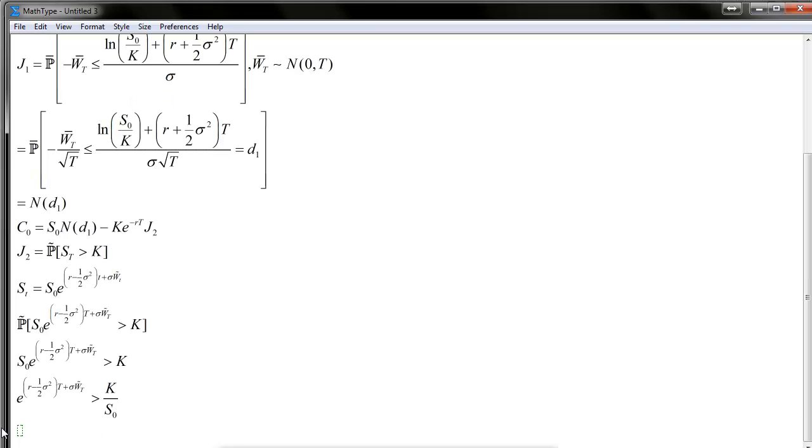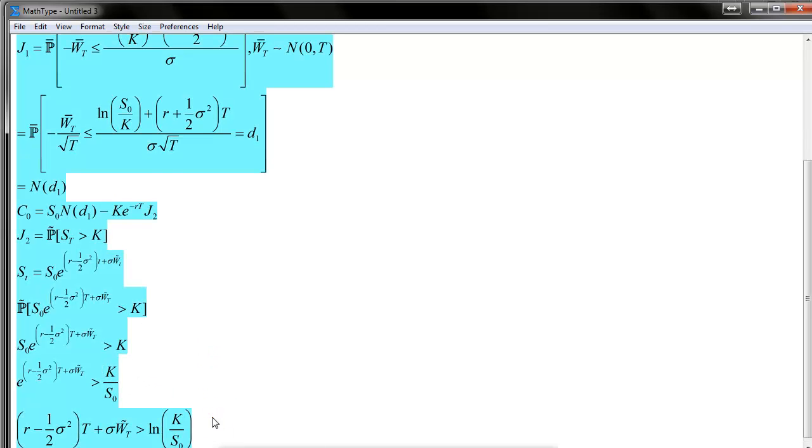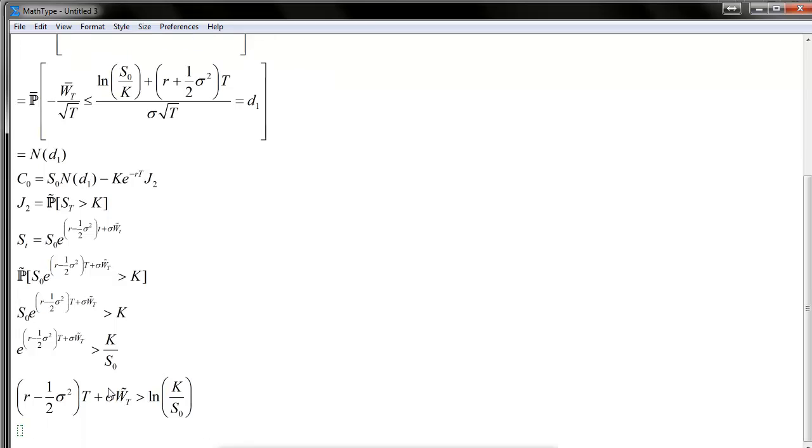I take the natural logarithm, so on the left hand side I only have this greater than the logarithm of K divided by S0, and I keep only this term on the left hand side and move this one over here, so this will give me this term negative.